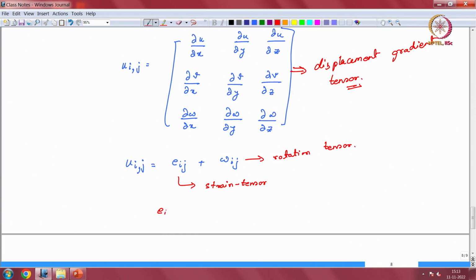Eij is defined as half of U i comma j plus U j comma i.